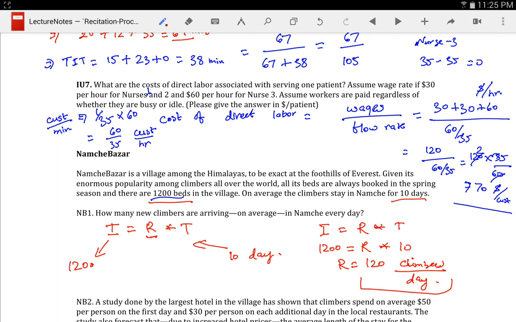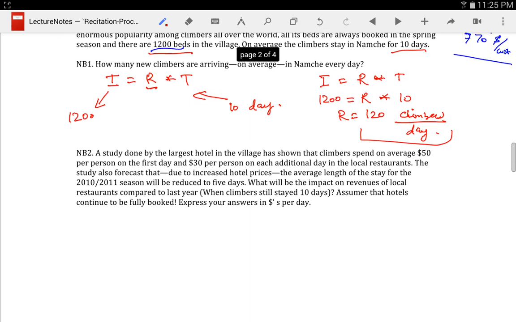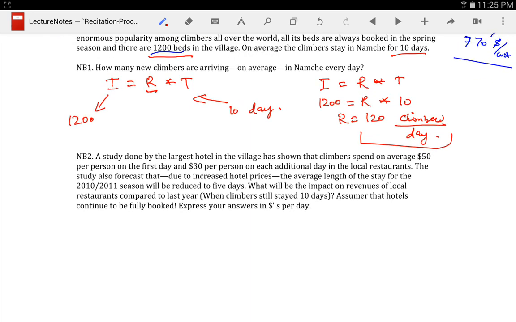That sounds pretty logical. Alright, the next question is the real operations part. The question is just basic algebra. It says that on the day the climber arrives, he spends $50, and after that, for the remaining 9 days, he spends $30 in the local restaurant.